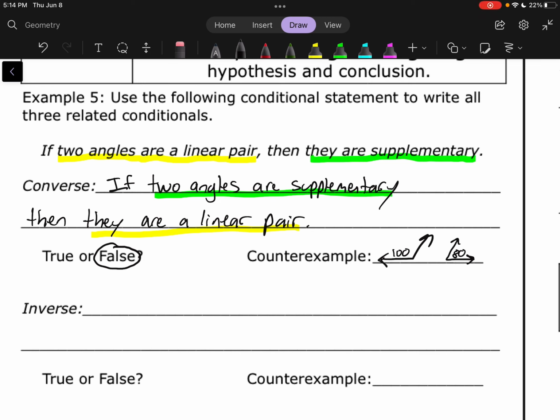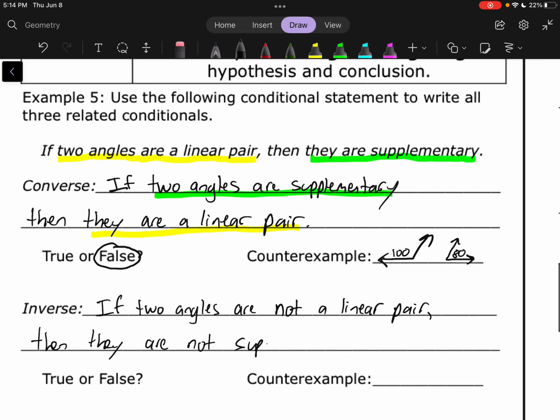To make both the hypothesis and conclusion opposites, oftentimes all we have to do is just throw in the word not. So I'm going to say if two angles are not a linear pair, then they are not supplementary.